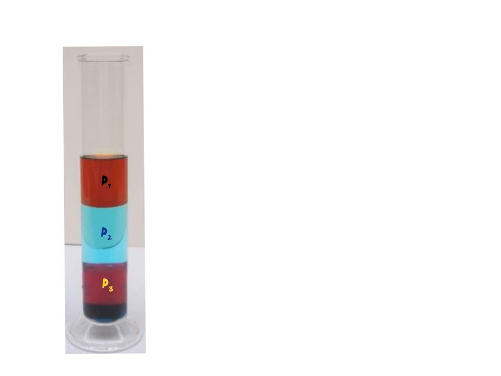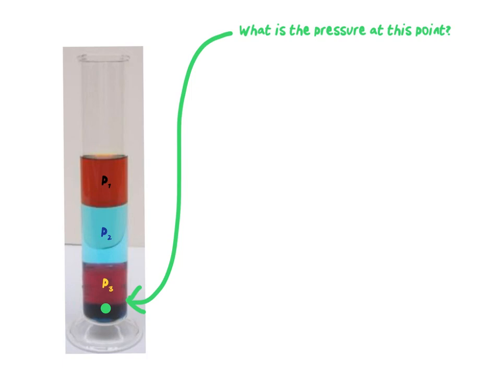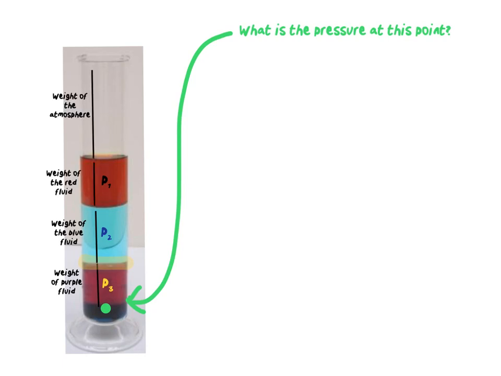If I want to figure out the pressure, let's say right down here within the fluid that's at the bottom of the column, I would have to take the pressure up to that point to the interface between the bottom and the middle fluid, plus all of the weight of the fluid that's in the middle, plus all of the weight of the fluid that's in the top section, plus the atmosphere.